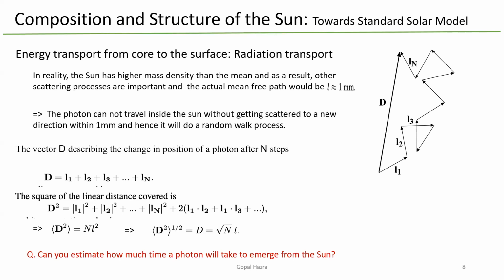So you have the distance, the solar radius, and your mean free path is L. So the number n is like radius by L. You know the number of steps. And the photon is moving with velocity c. So what is the time scale, you know? Then you can calculate how much time it takes. Is it okay? Or I can repeat, it's fine.